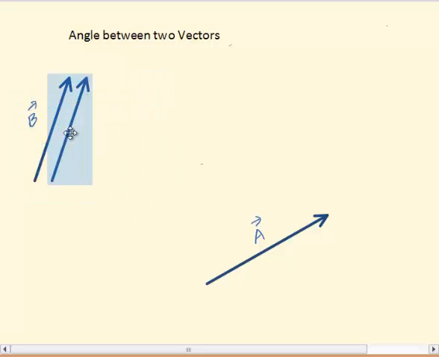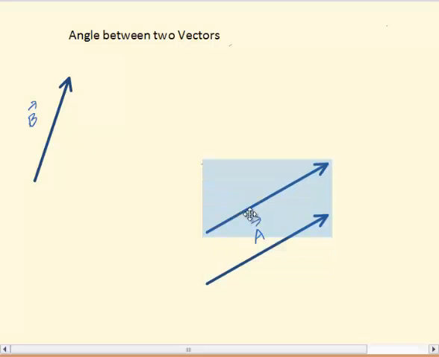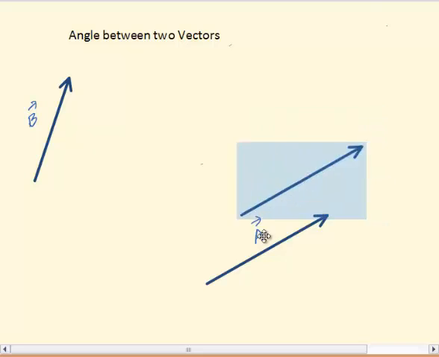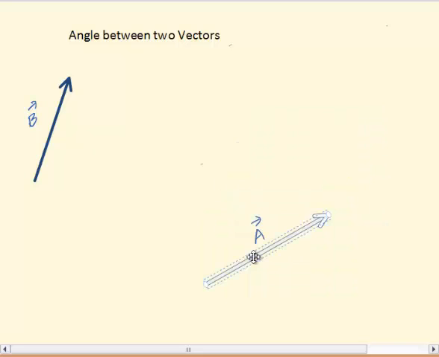So B can be moved anywhere in the space. Same goes with A vector. It can also be moved anywhere in the space and still the vector remains unchanged. So let's come back to the point: what is the angle between A and B in this case.